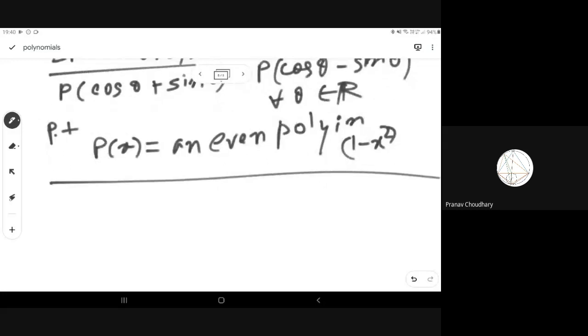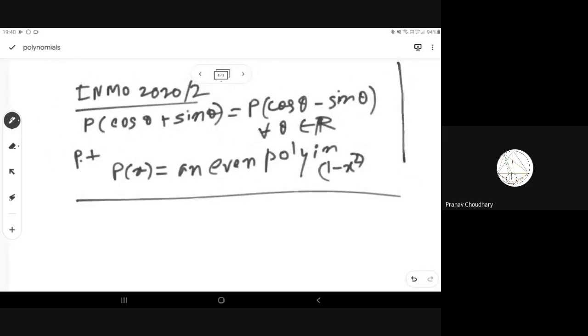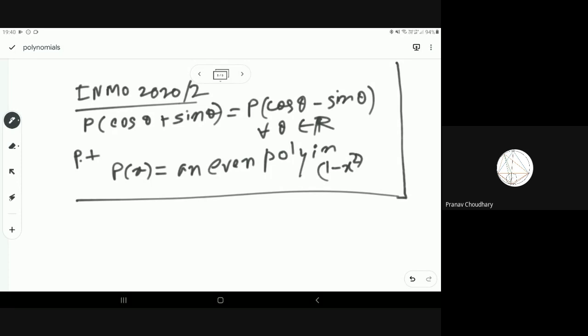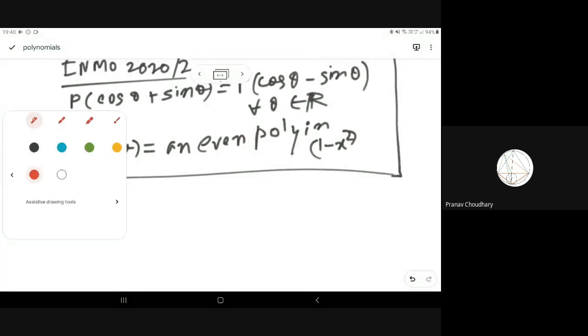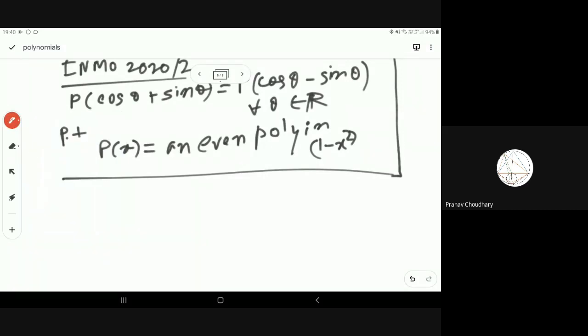Basically, this problem helps you get a grasp over most of the concepts that you really need in solving polynomial equation type problems, right? The first thing you notice from the problem statement is that if p(x) is a solution, then so is p(x) shifted by any constant, right?